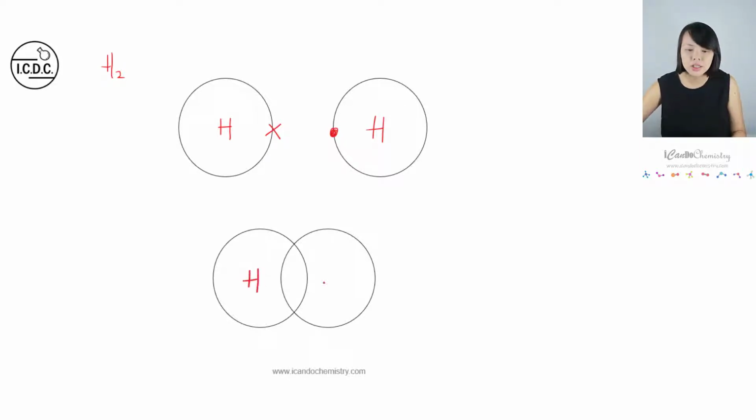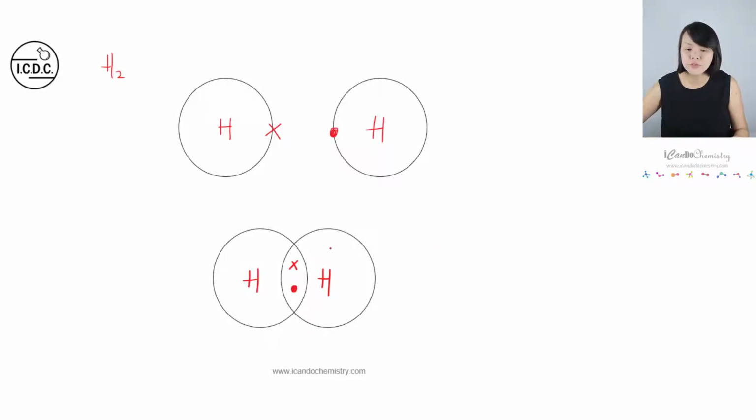Alright, so hydrogen, hydrogen, each of them will share, and we represent the sharing by drawing the electron in the overlap region. So let's refer to the hydrogen on the left. For this hydrogen, it has 2 electrons in the electron shell. The other hydrogen, it also has 2 electrons in the electron shell. Okay, so each of them is happy. Each of them has attained noble gas electronic configuration, hence H2 is formed.